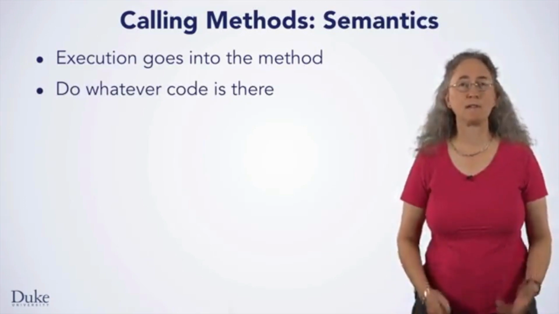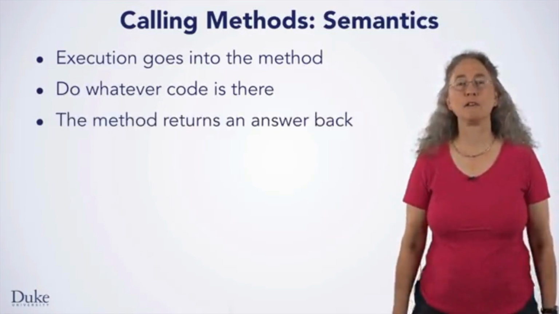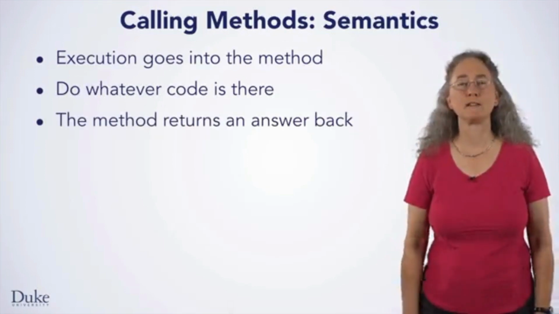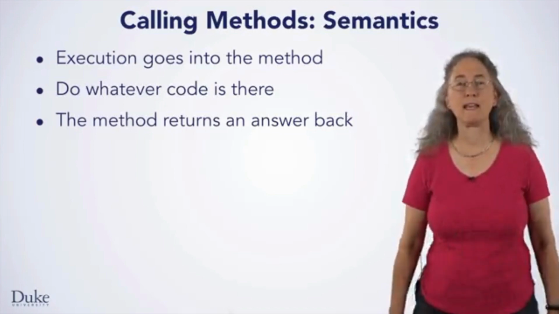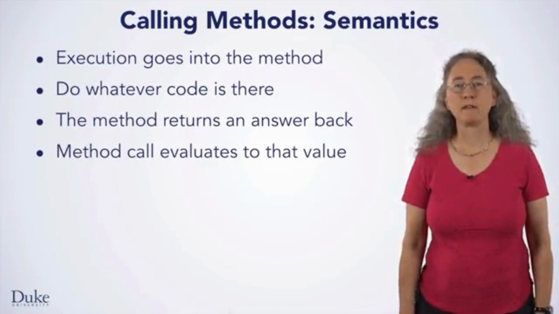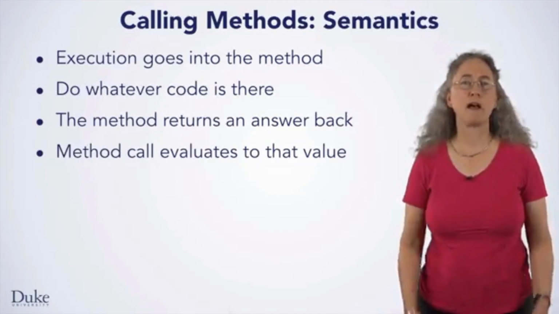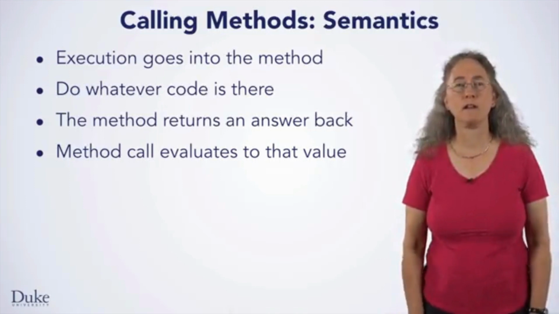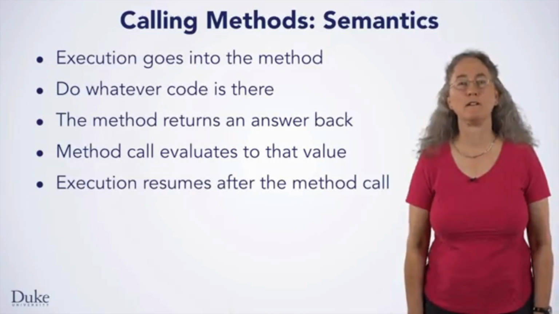It has the same semantics whether it is inside a method or not. At some point, the method will figure out what answer it wants to give back, which is called returning its answer. The method call, which is actually an expression, evaluates to whatever value the body returned. Then you continue executing code after the method call.